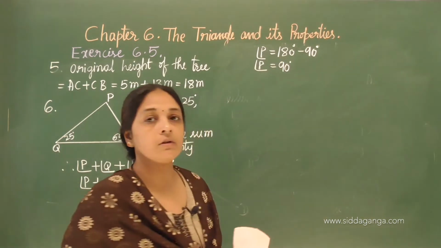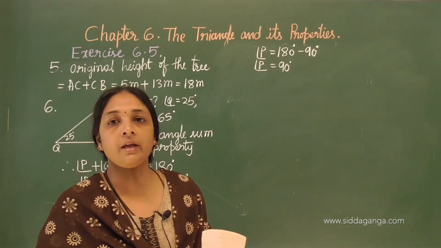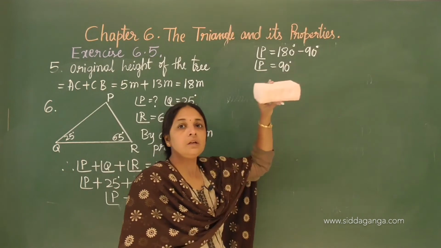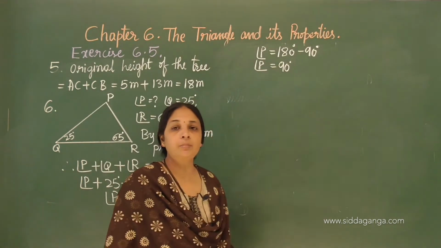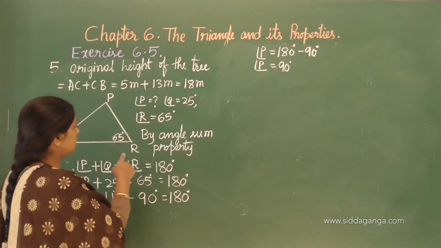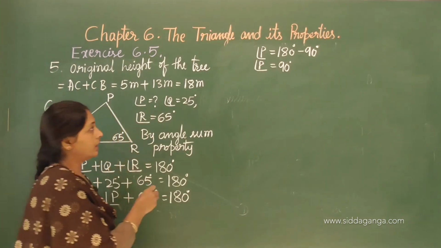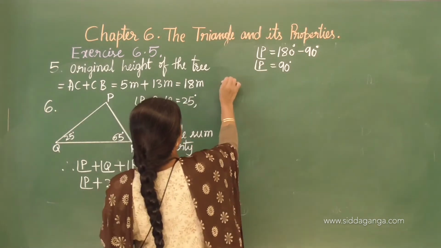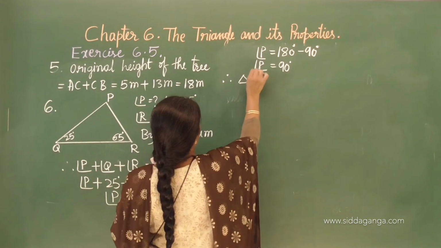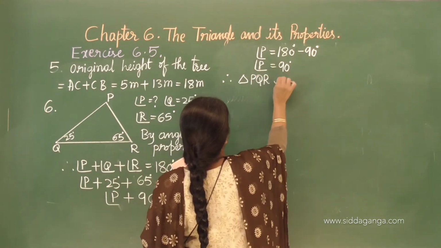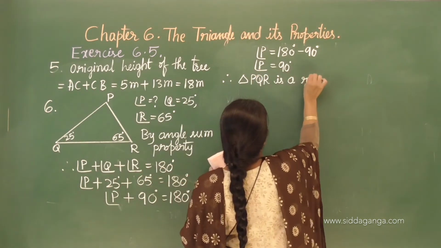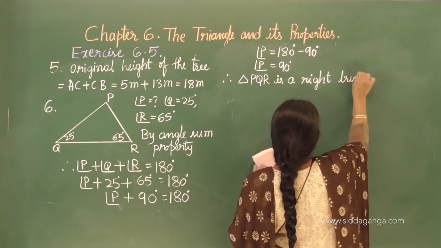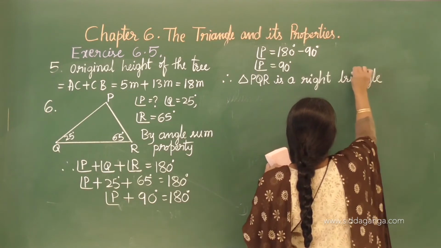So why we found the value of angle P? When we get the value of angle P as 90 degrees, then we can consider the given triangle as a right triangle. Hence, triangle PQR is a right triangle.